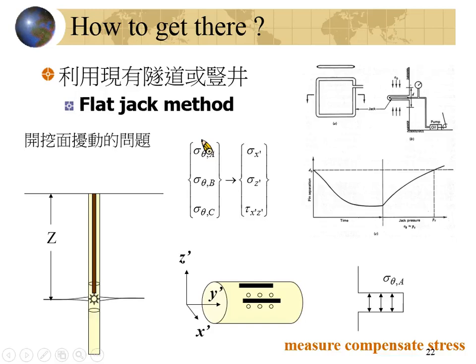But for this kind of technology, you will have some problems or some limitations. What kind of problem? When you drill a tunnel, like I mentioned to you, you will have some disturbance area around the tunnel.